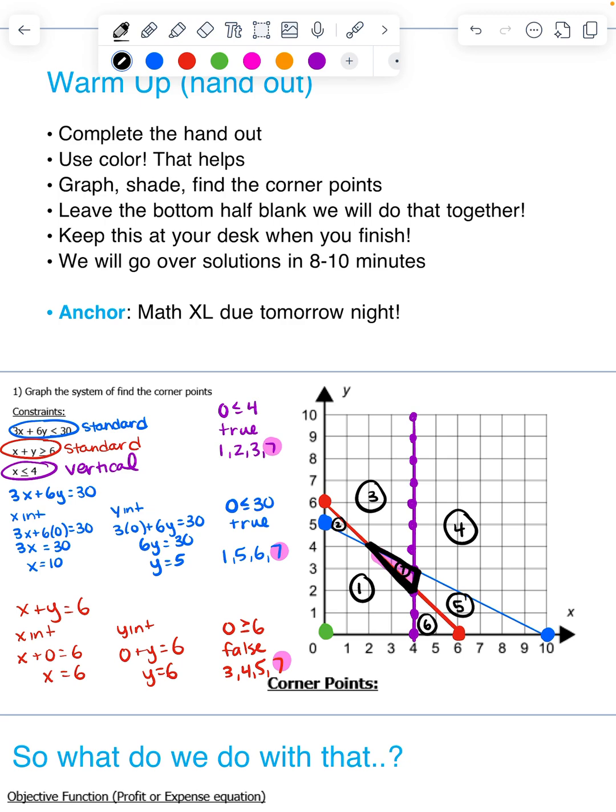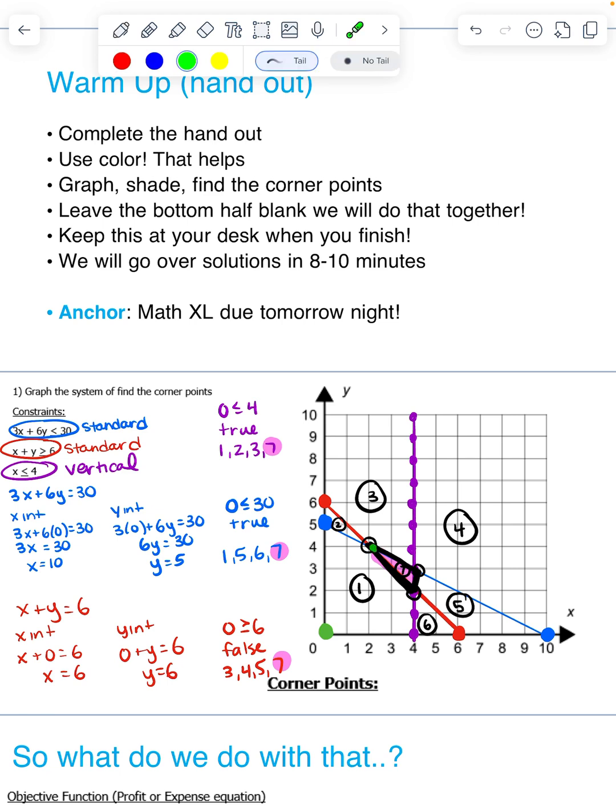And what we talked about yesterday is everything in pink is a possible solution, but the corner points are the best possible solutions. So while everything in pink works, this, and this are the best possible solutions. And so we're going to list those as coordinate points.